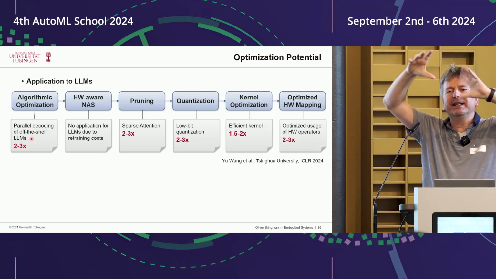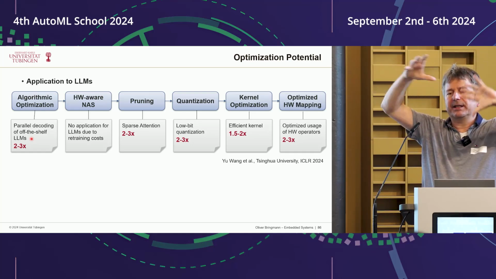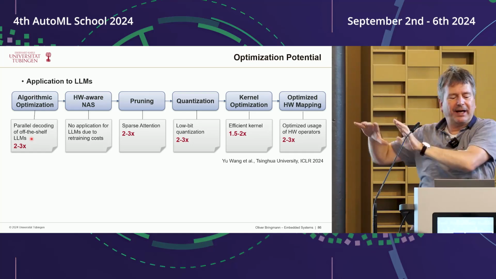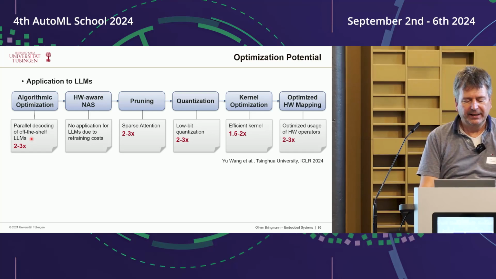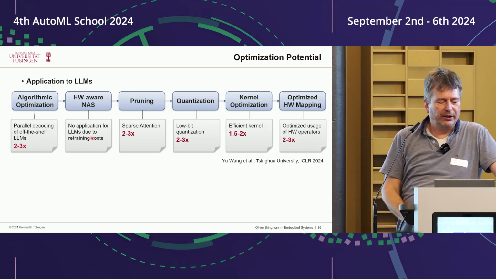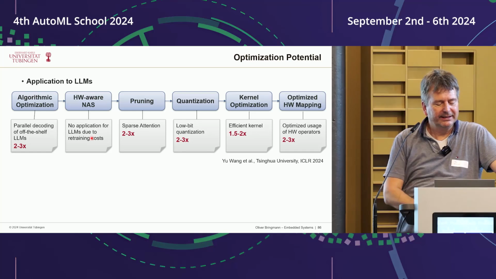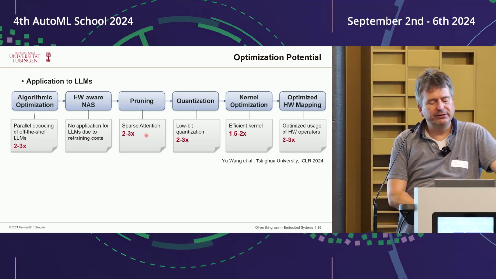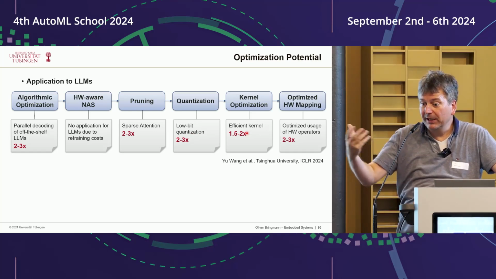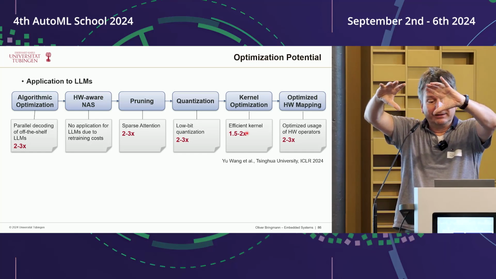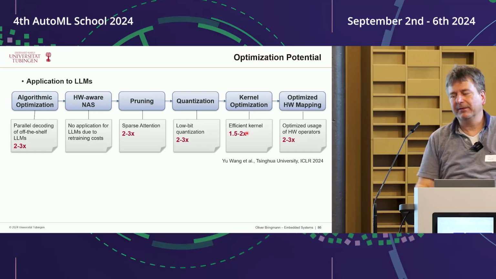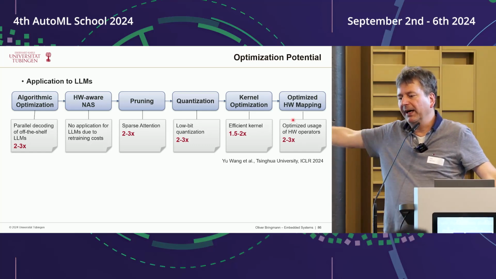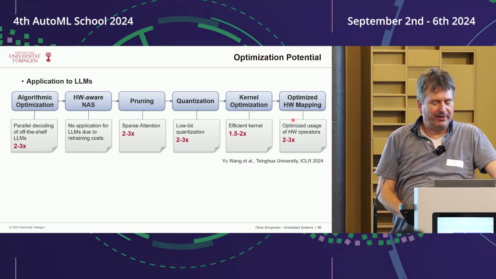I have to really think about how to modify the transformer so that I can execute parts of it in parallel. That's a manual task. He didn't show the hardware enough, but then he applied pruning, quantization, and kernel optimization. Of course, I would like to implement the kernel in an efficient way with respect to the underlying hardware architecture, and then at the end find an optimized mapping to hardware.